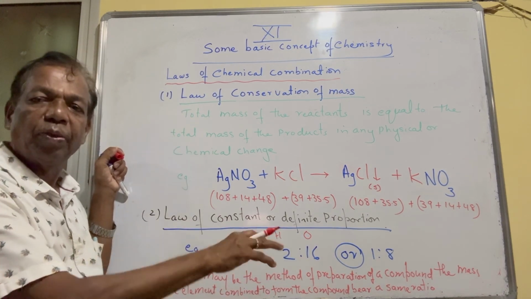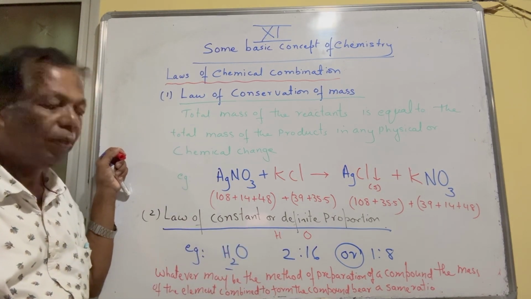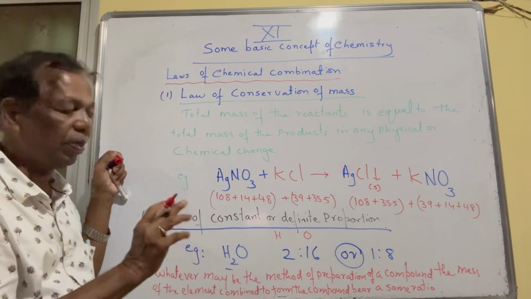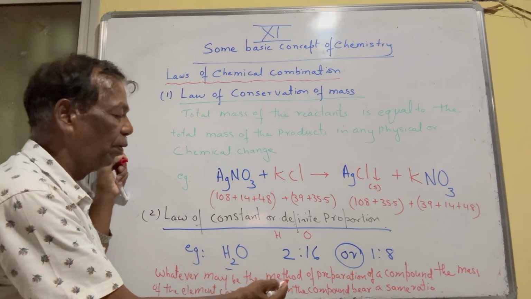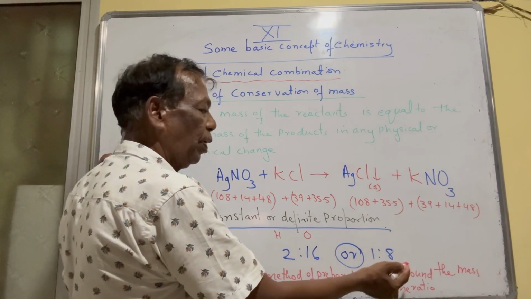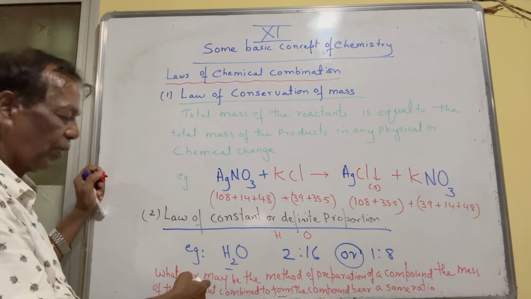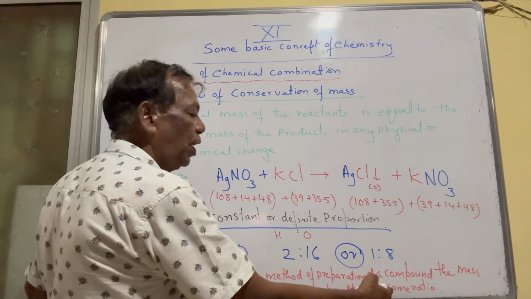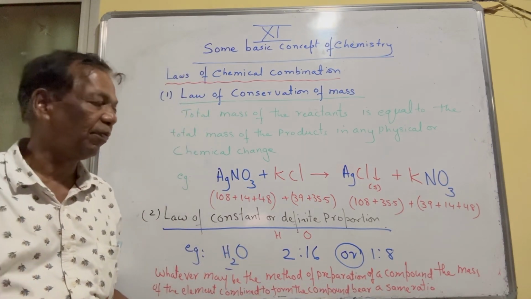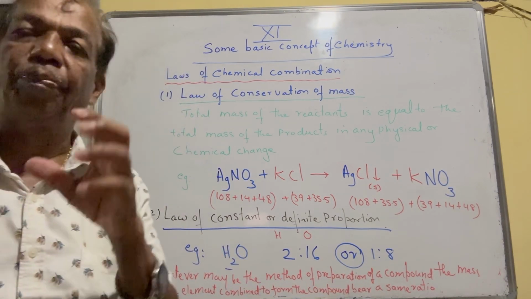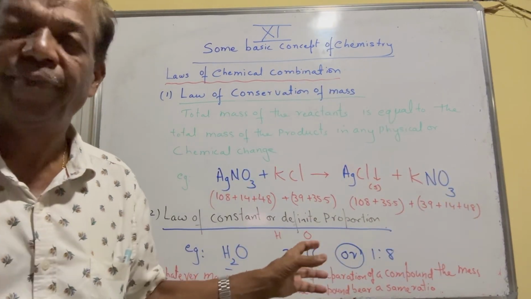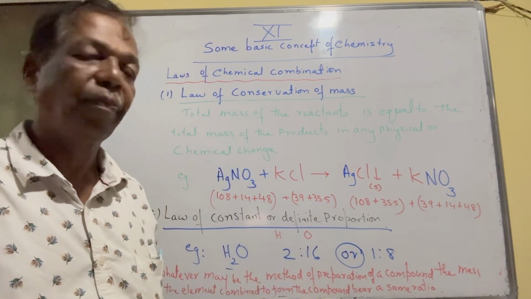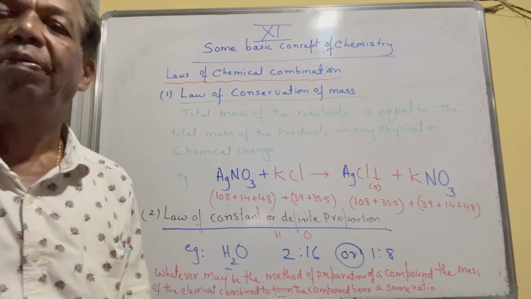You may prepare water in different ways, irrespective of the method. It should be a pure chemical compound. This is the simplified form I have given. You may prepare a pure chemical compound by different methods, but the compound contains the same elements combined together in the same proportion by mass.